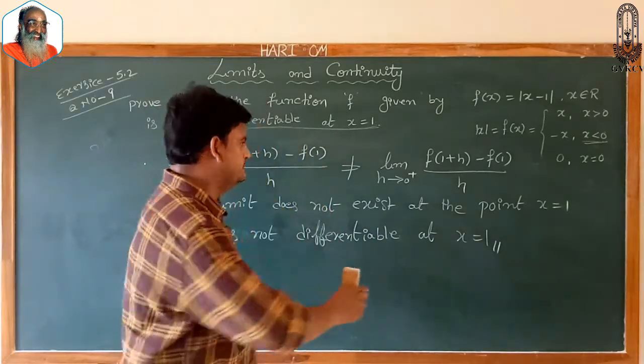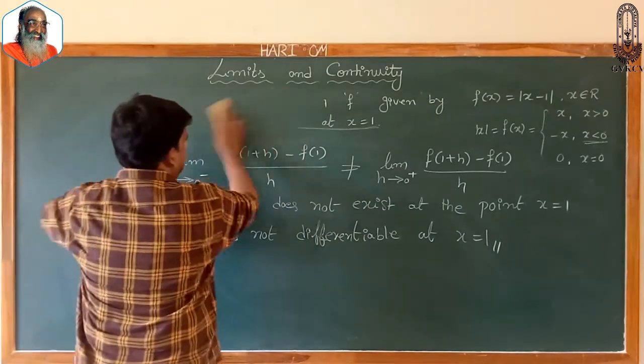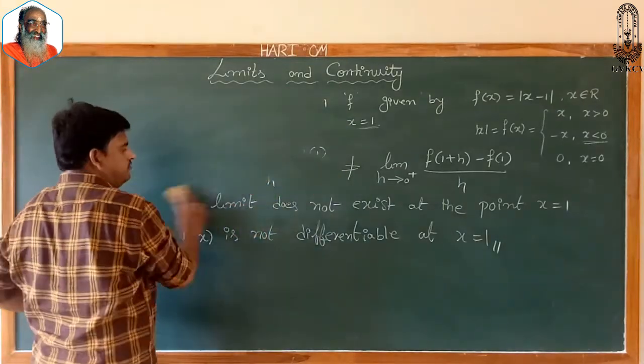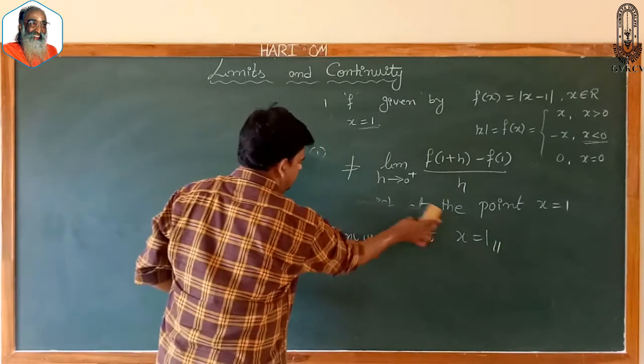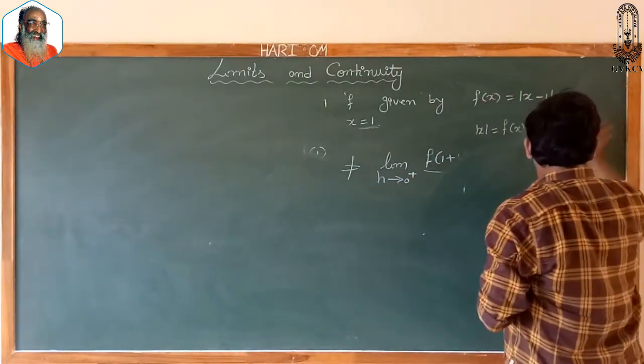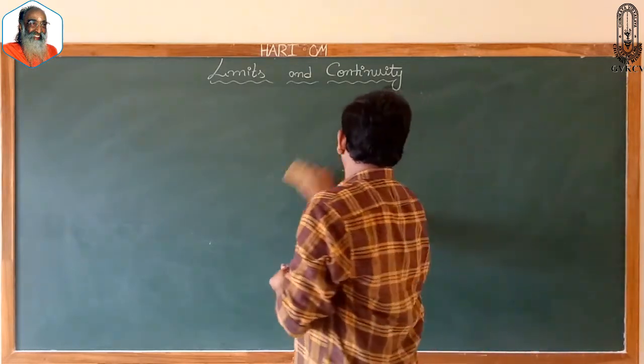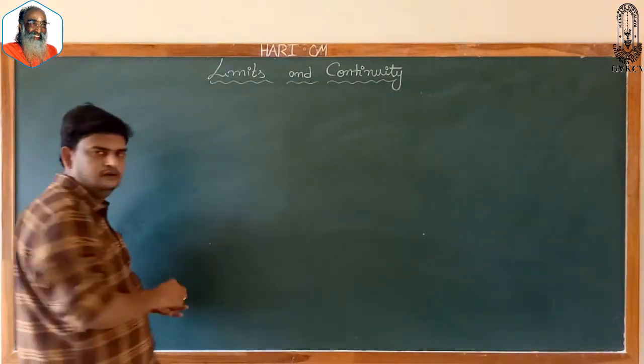Implicit means that a function contains more than one variable. For example, in exercise 5.2, we have discussed many problems.